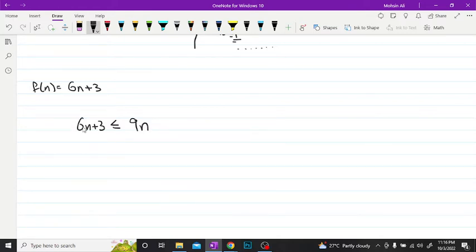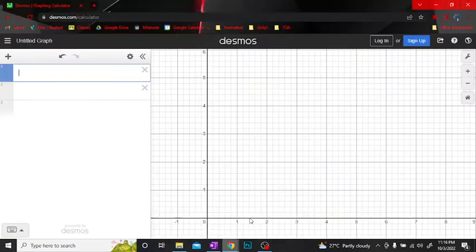Okay, let's take 9n for a second. And I'm going to demonstrate this by using a website called Desmos. This is a very nice website for showing graphs. If you want to use it, you can use it on your own as well. So I highly recommend you go on Desmos and do these things by yourself as well.